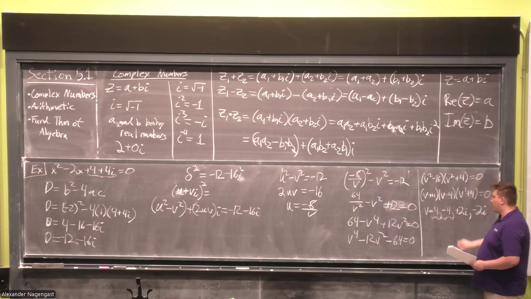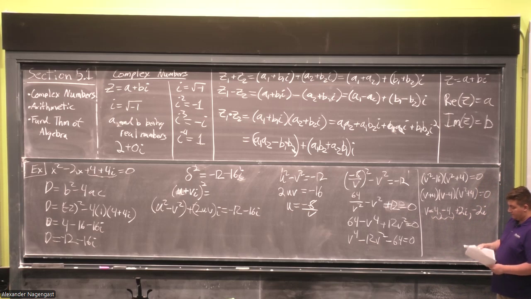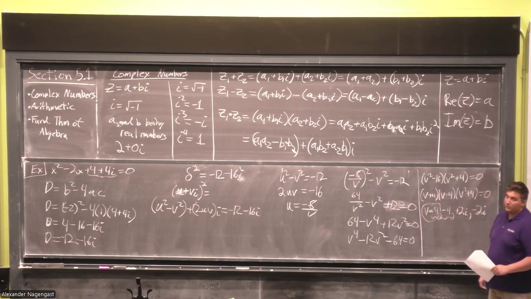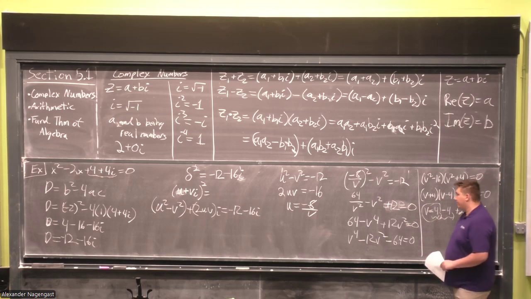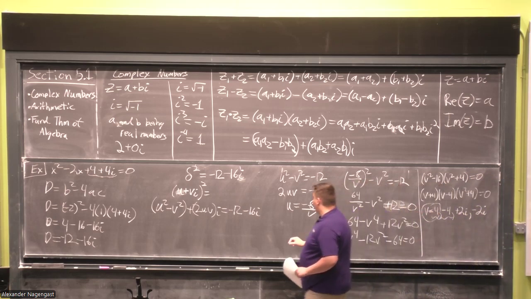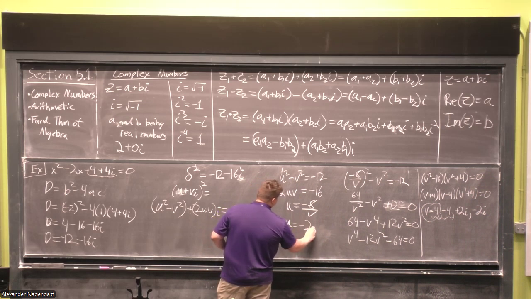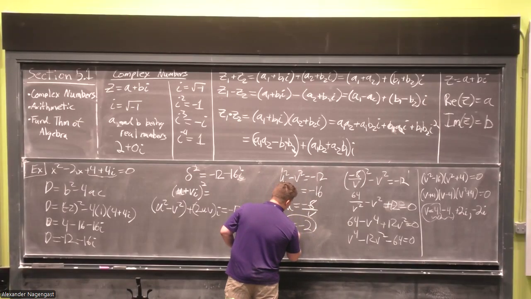So use one of these v's. For simplicity, let's select v equals 4. And we'll see why in a second. So we plug 4 into here. U is equal to negative 2. This is paired with v equaling 4.